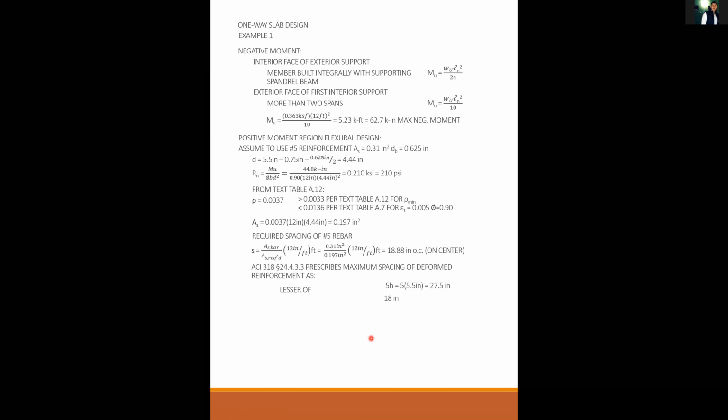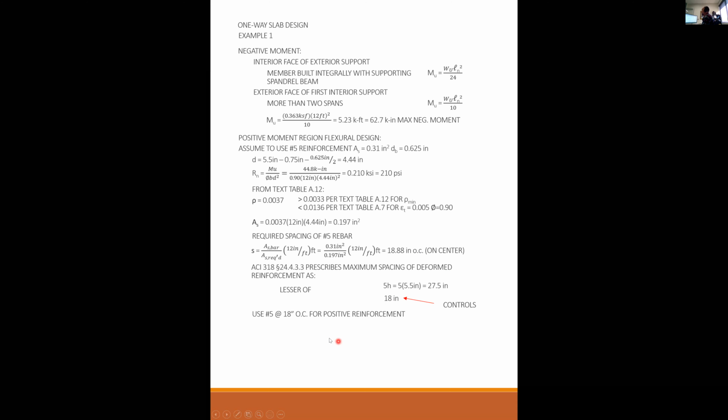Professor, how did you get 18? Exactly 18? From this section, 24.4.3.3. It just says 18. There's no calc to it. So it's a standard. Yes. Okay. So of the 3, the 18 controls.